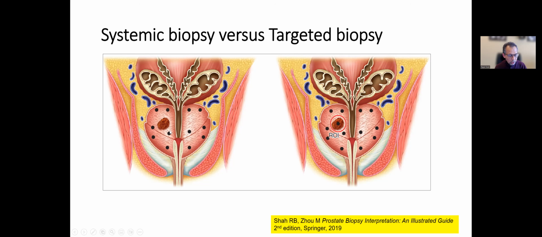In this particular biopsy, you can see this clinically significant cancer, which is situated here, not in the path of the biopsy cores, and totally remains unsampled. While with multiparametric MRI, you specifically identify these regions of interest and then target them in addition to standard sampling, and that's how you can improve the detection of clinically significant prostate cancer.